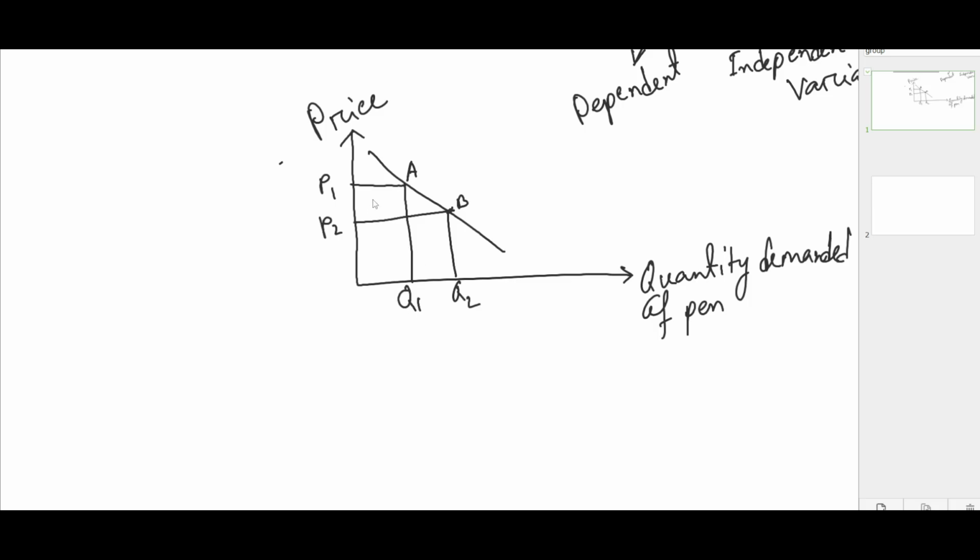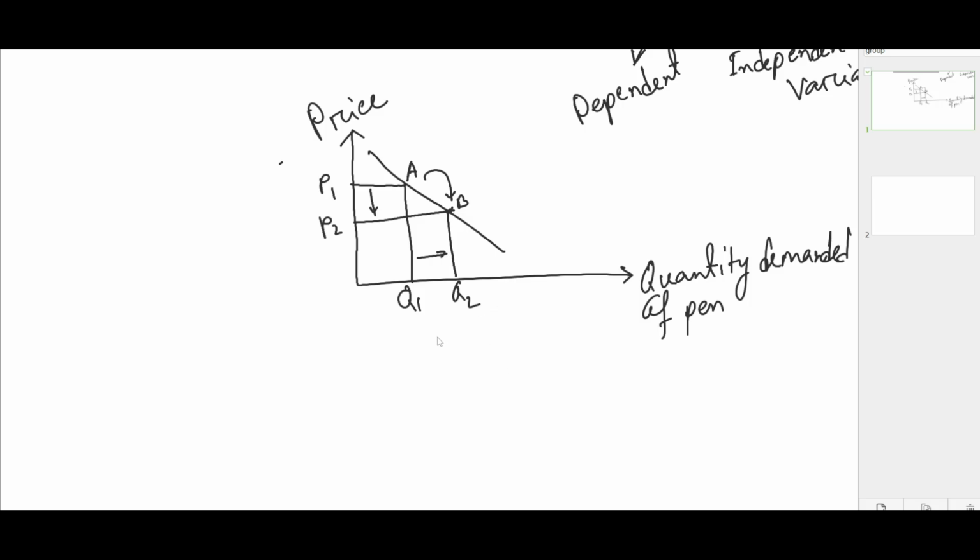In these two points, we can say that we are moving from upward to downward. If we move downward, the price is decreasing from P1 to P2, and the quantity increases as the price falls, from Q1 to Q2.